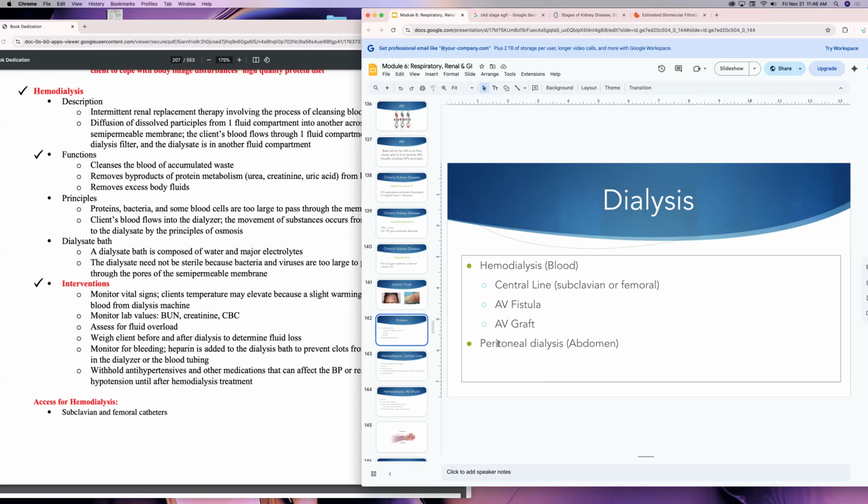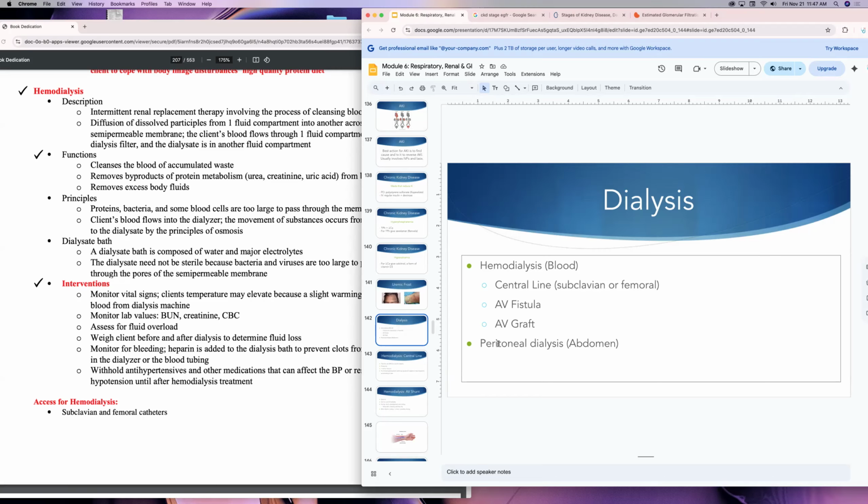Versus peritoneal dialysis, you get to do it from home. However, because you're doing it from home and because of where they're accessing, there's an increased risk for infection. Peritonitis is the number one complication of peritoneal dialysis, and peritonitis can be deadly. And then with hemodialysis, you need some type of access for it, right?